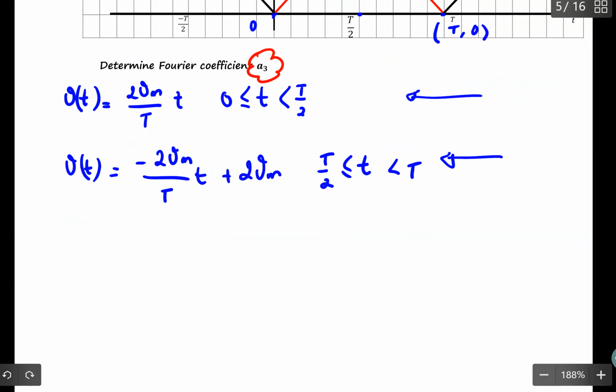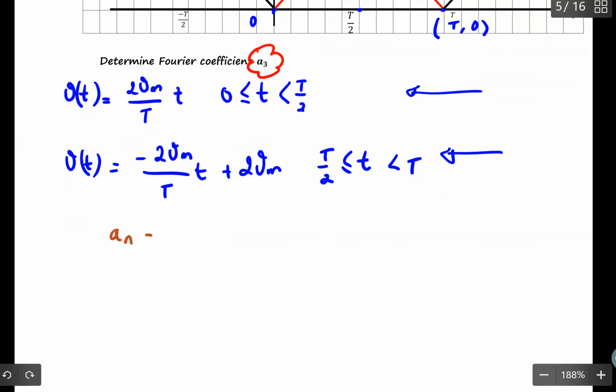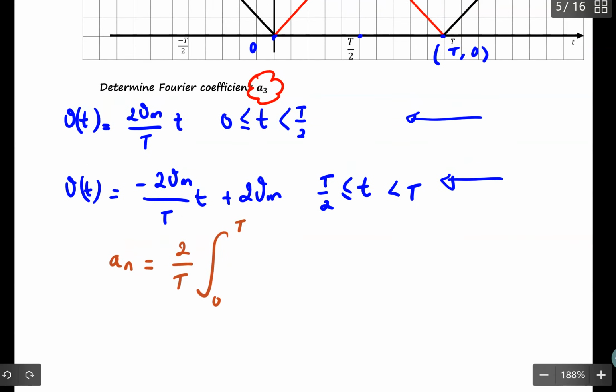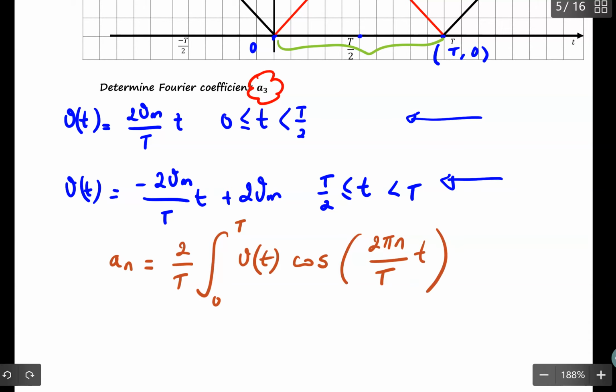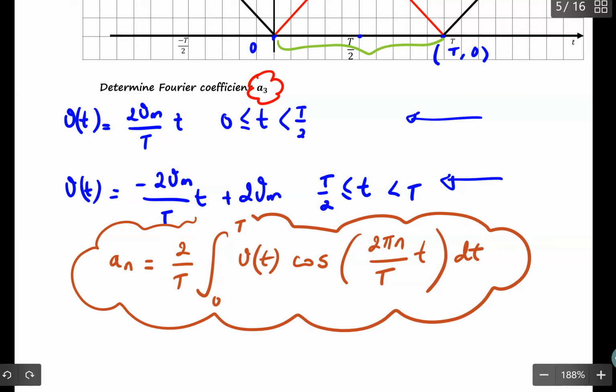So let's write that down: An equal to 2 over T, the integral from 0 to T in this case, because we are working with this interval right here, of V(t) times cos of 2 pi n divided by T times t, dt.